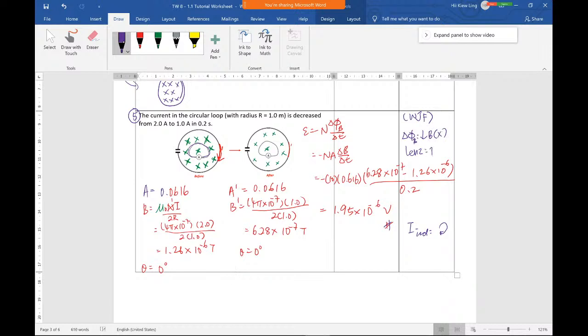We would like to oppose the change, so we produce a field going into the screen. So the direction will be clockwise, passing from right to left.